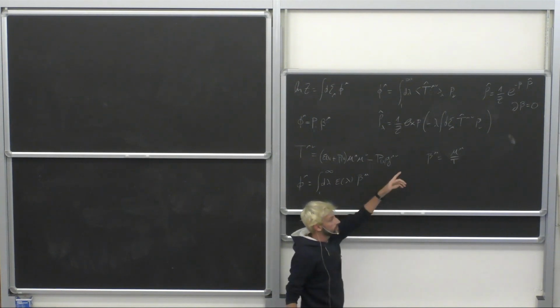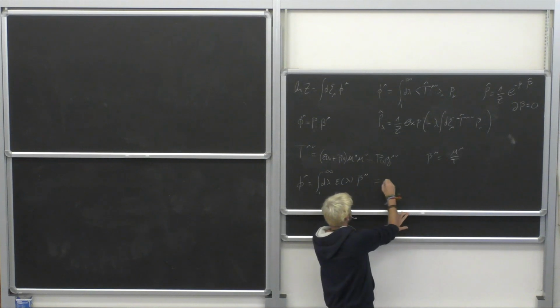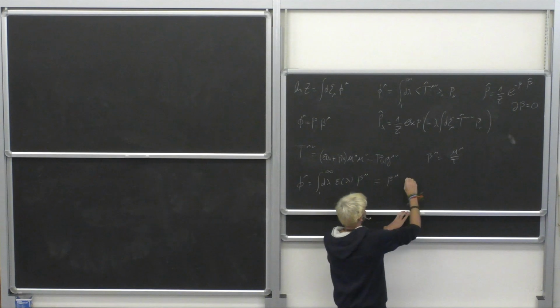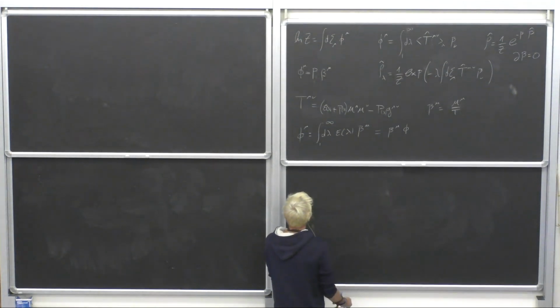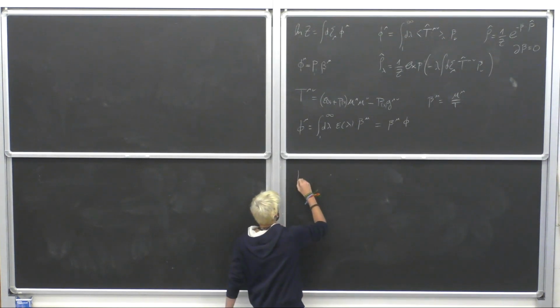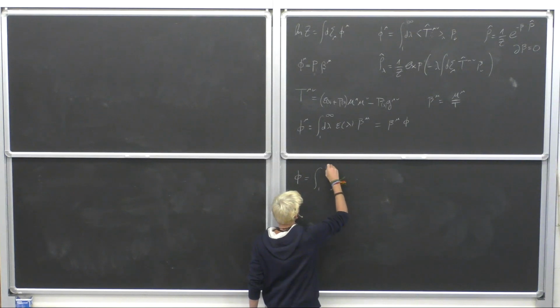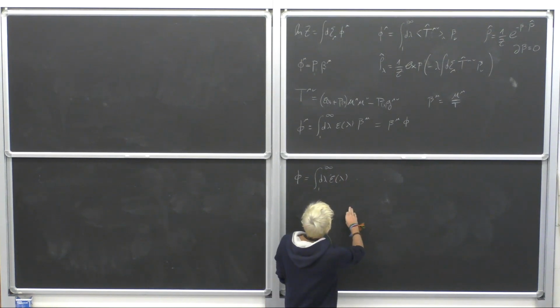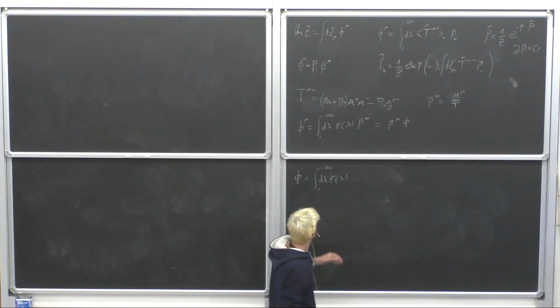Now beta mu is a constant, it doesn't depend on lambda or anything like that. So we see already that phi mu is given by beta mu times some function phi, which is defined by this integral. And yes, that's it. Exactly.